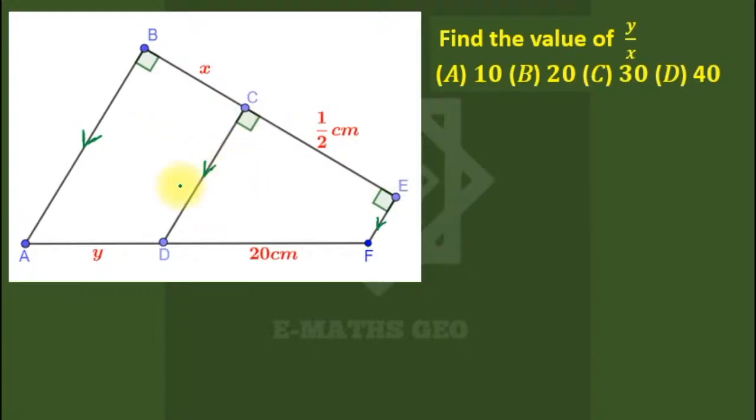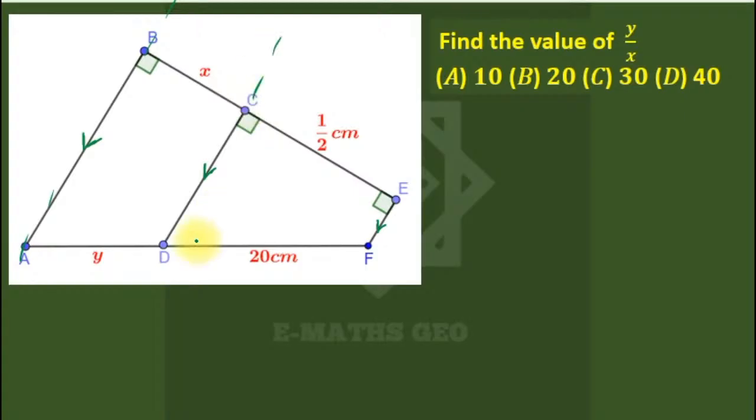So we can use our parallel proportional segment theorem. You see three parallel lines intersecting two transversals, A, F and B, E, so we can use that.